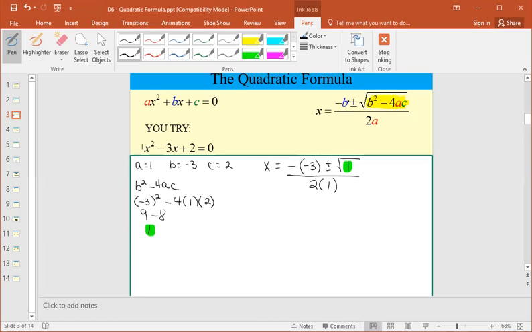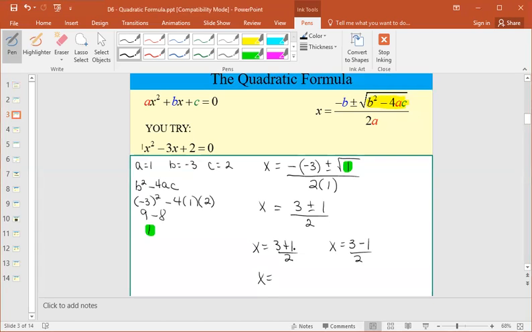I'm just plugging into the formula. The opposite of -3 is +3. The square root of 1 is 1. 2 times 1 is 2. So this gives me two solutions: x is equal to 3 plus 1 divided by 2, and x is equal to 3 minus 1 divided by 2.